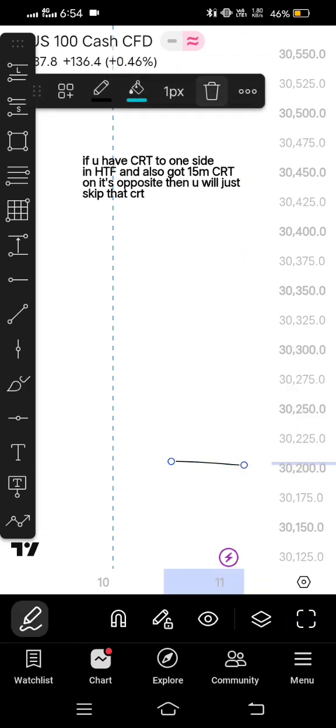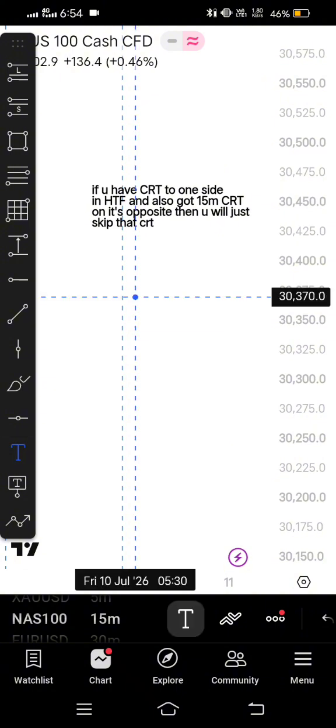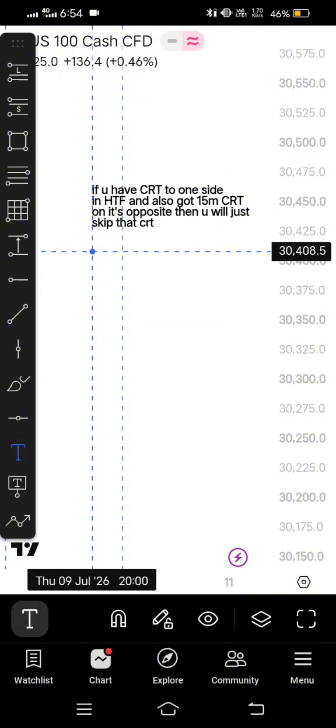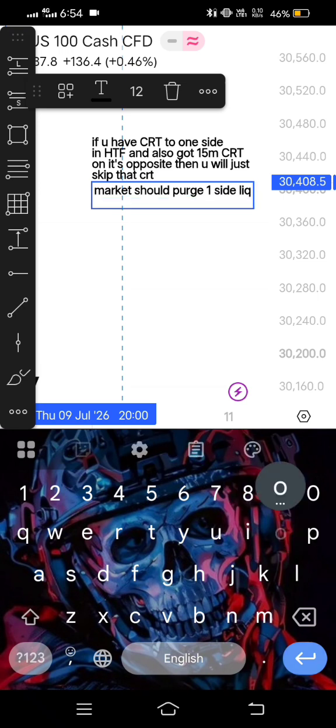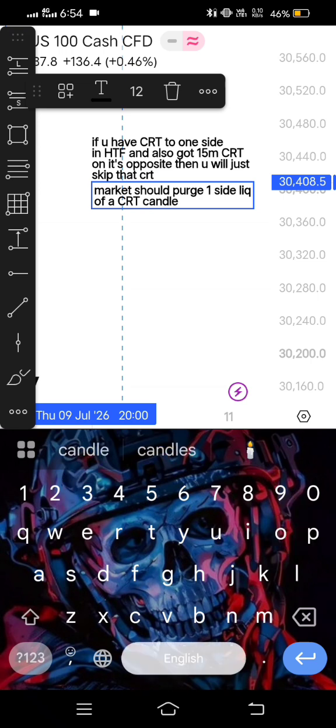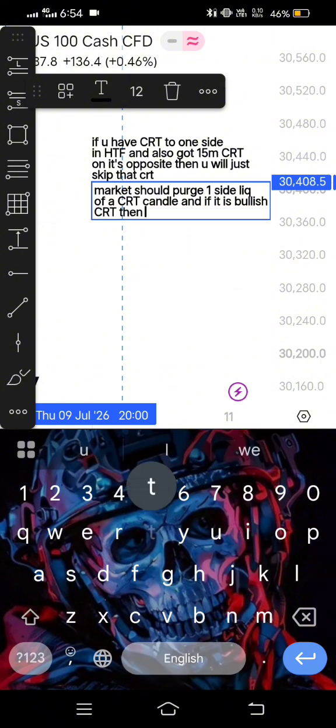So this was the first rule, and the second, most important rule is that the market should take one side's liquidity of a CRT candle. If it is a bullish CRT, then the second candle must close green.